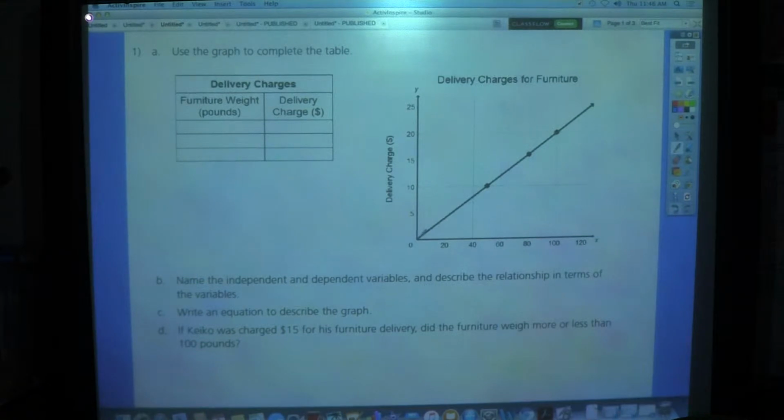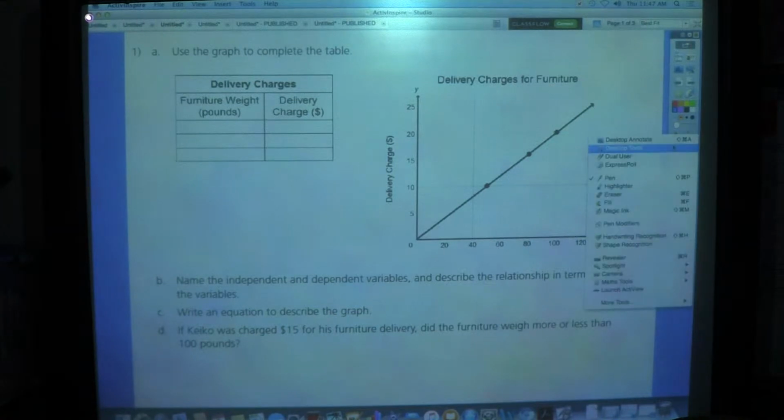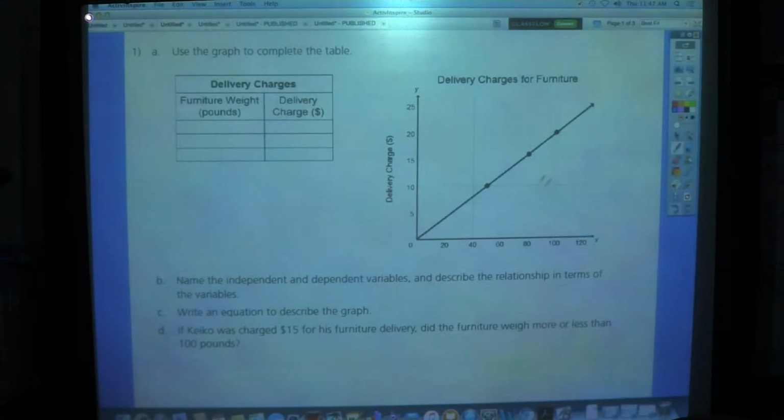Well, it is straight in the fact that if I wanted to, I could put a ruler up to it, and I could hold that ruler to it, and you're not going to have any peaks and valleys. It's going to be just a straight line. I'll go ahead and launch one of my math tools here, the ruler, and show what I'm talking about.